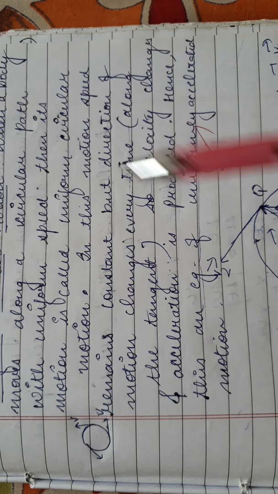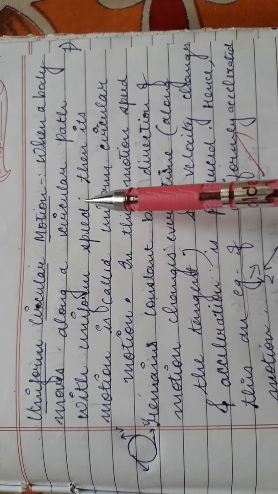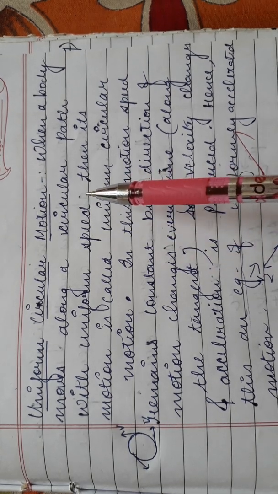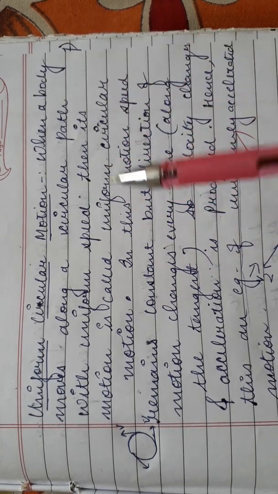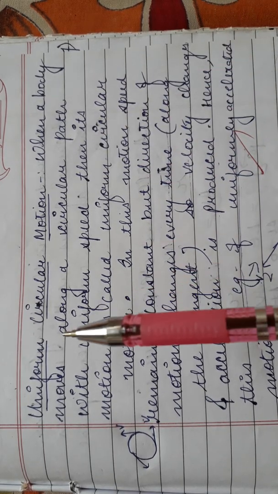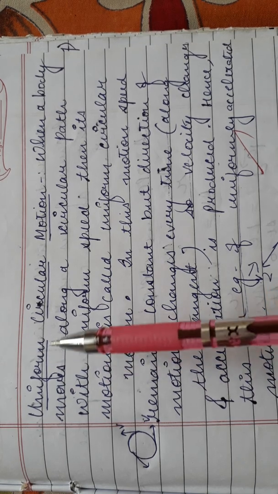So students, when a body moves along a circular path, it is not necessary to complete the circle. If a body moves along some portion of a circle, then also it will be a circular motion. The condition in uniform circular motion is that the speed should remain constant.